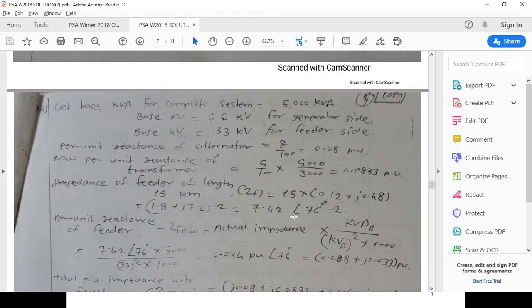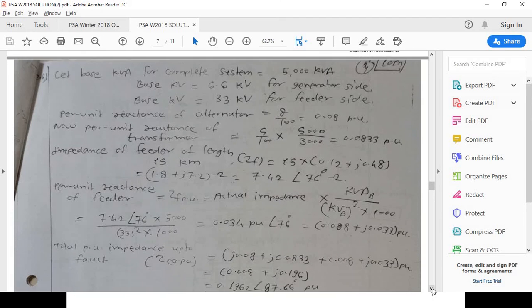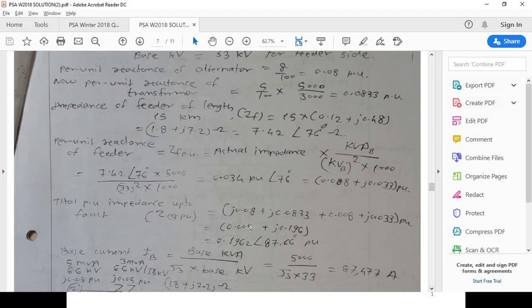We calculated 7.42 at an angle of 76 degrees ohm, into base value of power 5000 upon base voltage value squared, that is 33 squared into 1000. So you will get 0.034 per unit at an angle of 76 degrees, or in rectangular form it will be 0.008 plus j 0.033 per unit. So now you have the reactance of the feeder in per unit form.